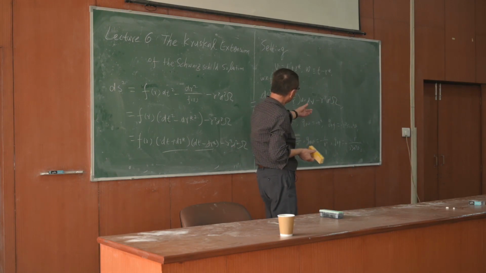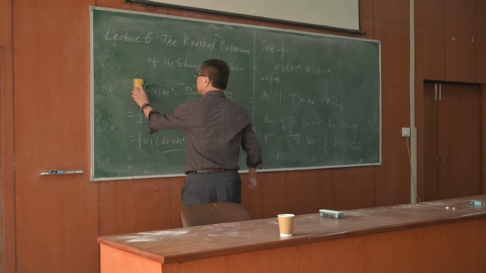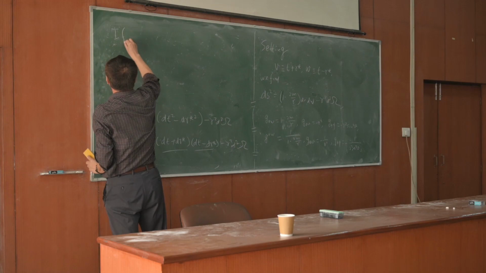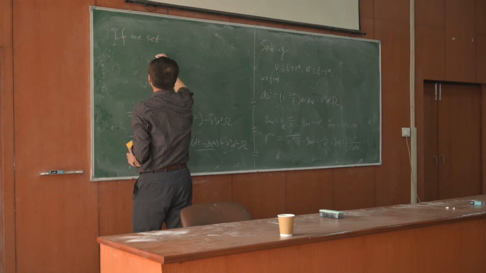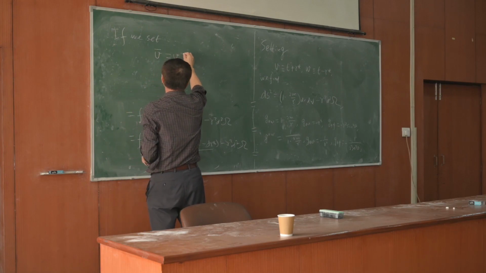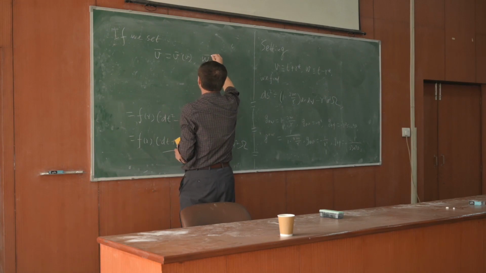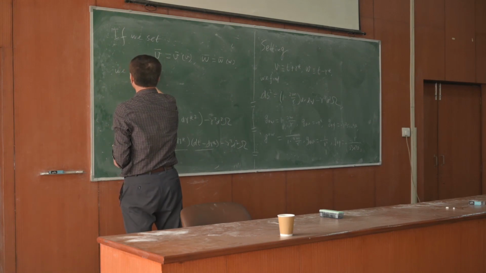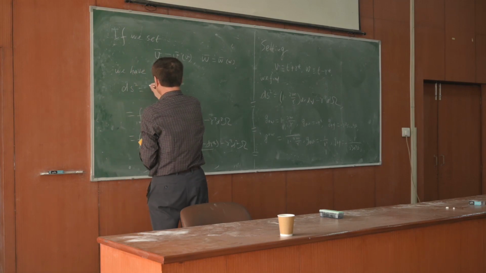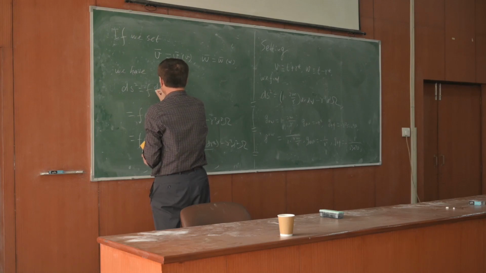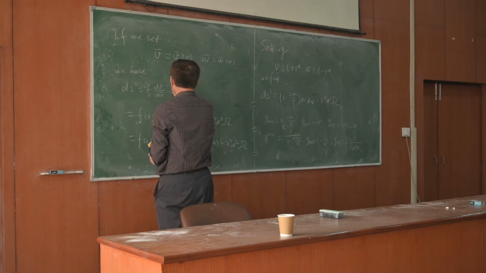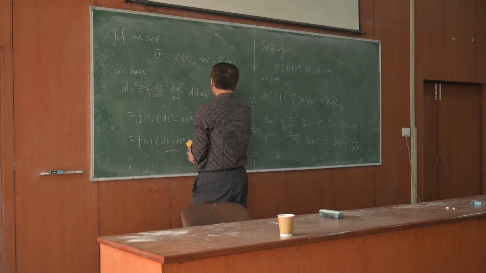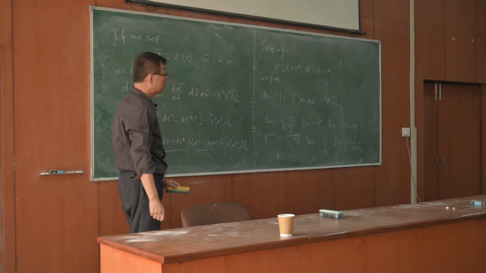So we are going to redefine this guy. You can see if I do the following, we introduce V bar and W bar, where V bar is a function of V and W bar is a function of W. We have ds squared equal to f dV bar dW bar multiplied by dV bar dW bar.